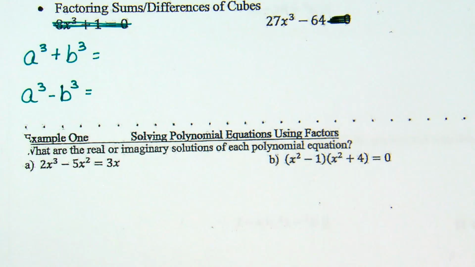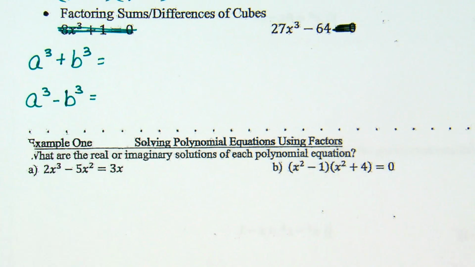I'm going to put our formulas over here. Now, here's the deal. We haven't factored this before. So as I said, this is not something I'm expecting you to know how to factor at this point. This is new, most likely, to you. So it's a sum of cubes because it's 2 cubes added, a difference of cubes because it's 2 cubes subtracted.